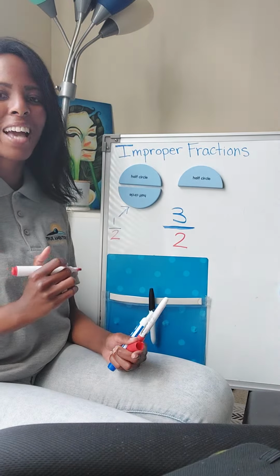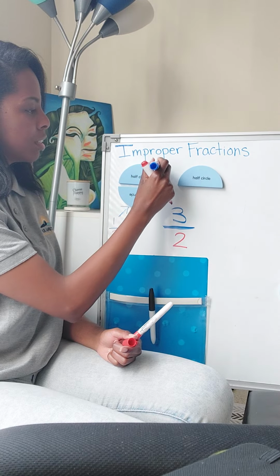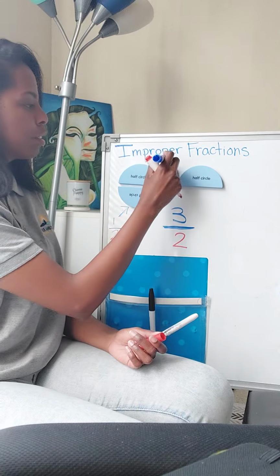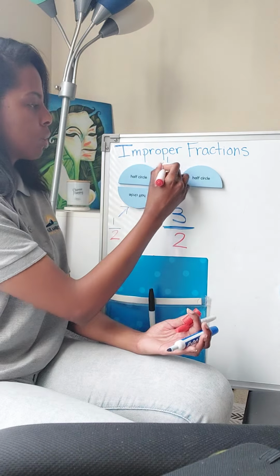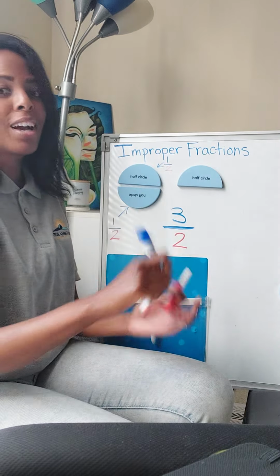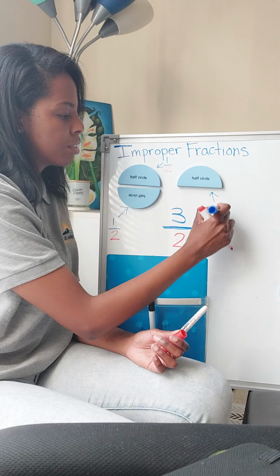All right, 1/2. We also have another half circle. So the unit fraction there also represents 1/2. And we have our last and final half right here, half circle.